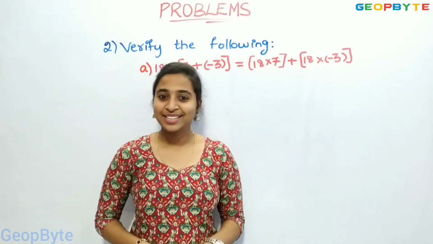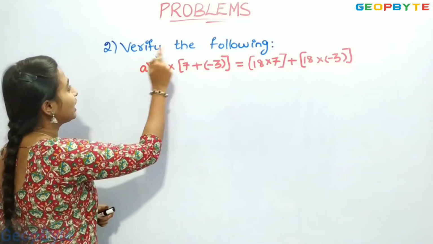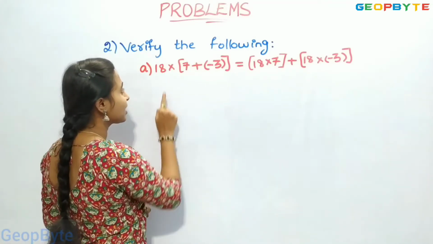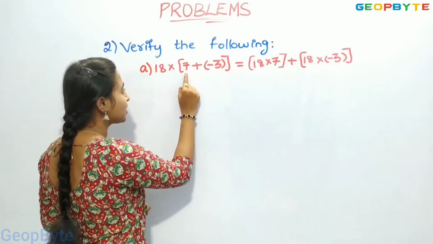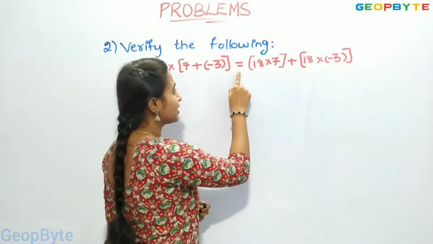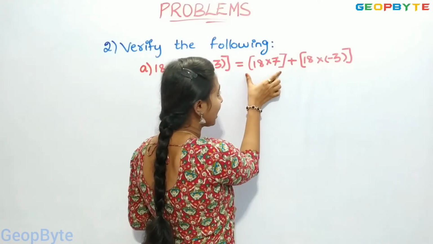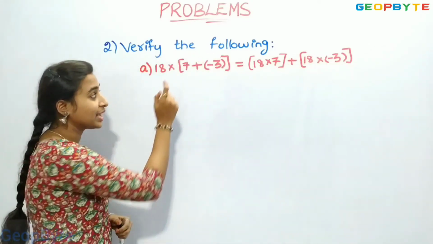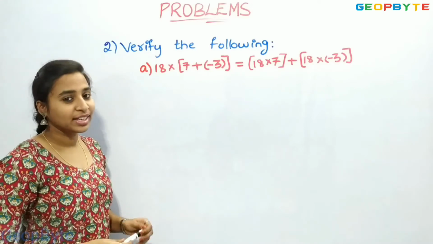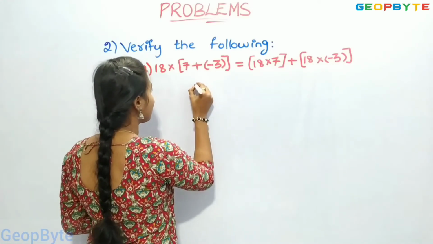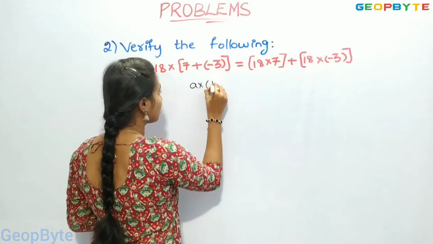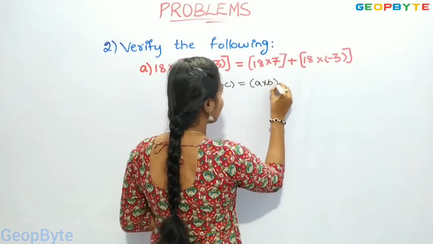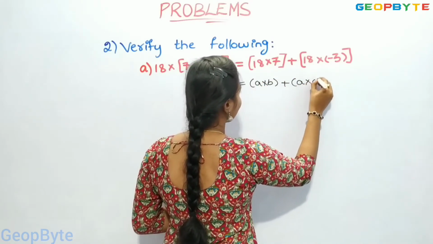Now, let us see second question, that is verify the following. Right? They have given a bit, that is 18 into in brackets 7 plus of minus 3 is equal to 18 into 7 in the brackets plus 18 into minus 3 in brackets. If you clearly see this, it is in the form of distributive property, that is a into b plus c is equal to a into b plus a into c.